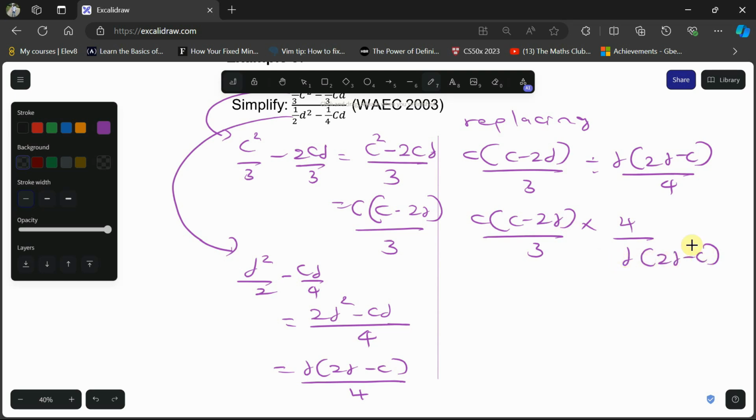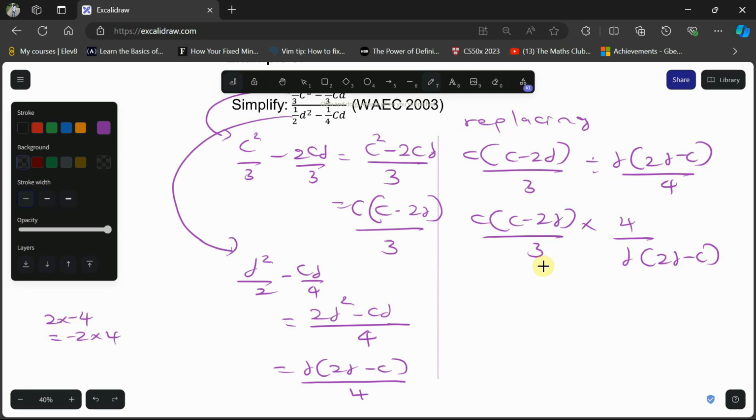We can factor out a minus from this here. We can, because 2 times minus 4 is the same thing as minus 2 times 4. Either the 4 carries the minus or the 2 carries the minus, the end product will still be the same.